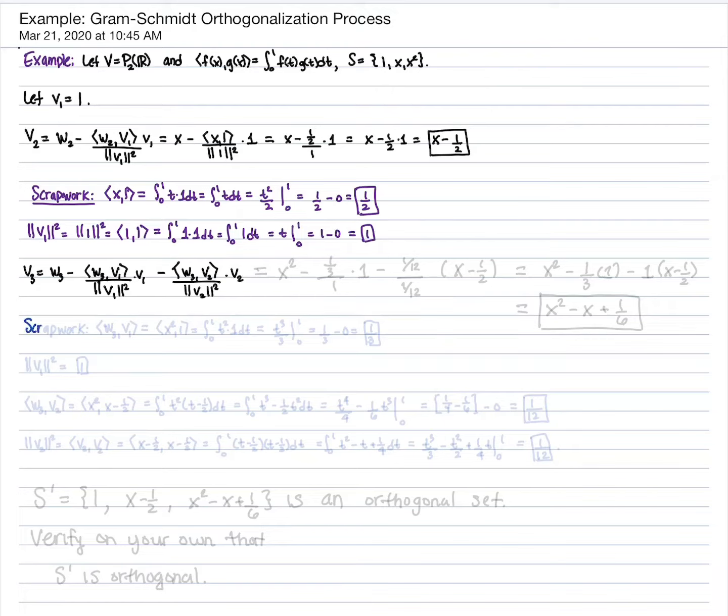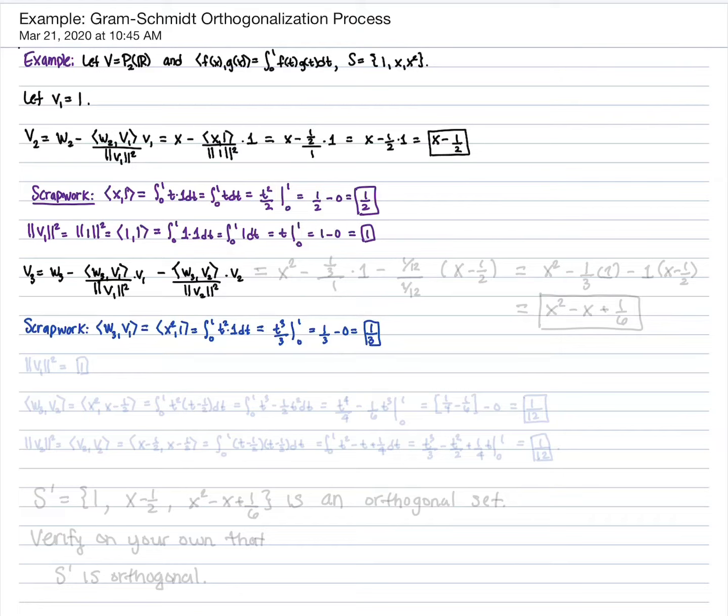So now we need to find the inner product of W3 with V1. So this is going to give us the inner product of x squared with 1, which is the integral from 0 to 1 of t squared times 1 dt, which is therefore just simply t cubed over 3, evaluated from 0 to 1. 1/3 minus 0 is 1/3.